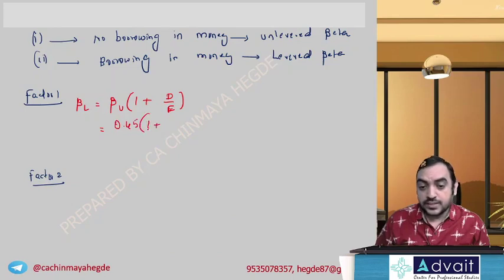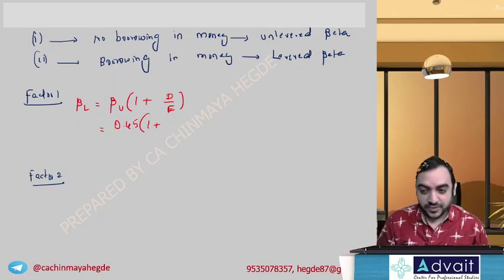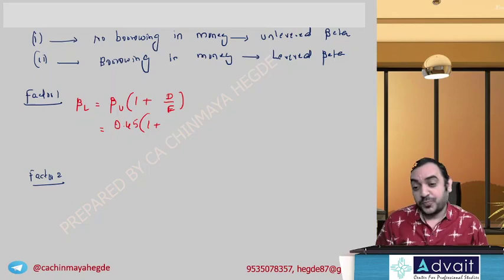Into 1 plus. Can you tell me the amount you borrowed in the second situation? What is the debt equity ratio in part 2, because you borrowed 1 lakh? How much is debt? How much is equity? I'm asking about part 2.